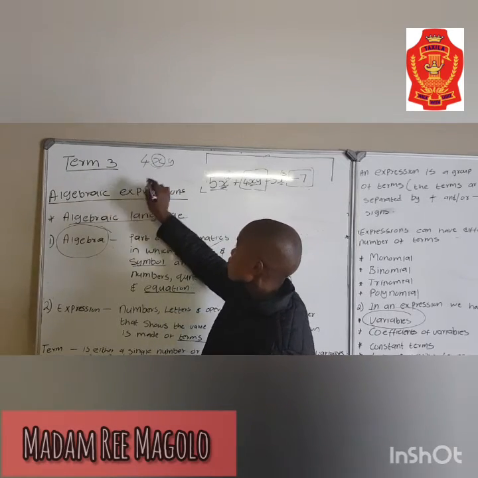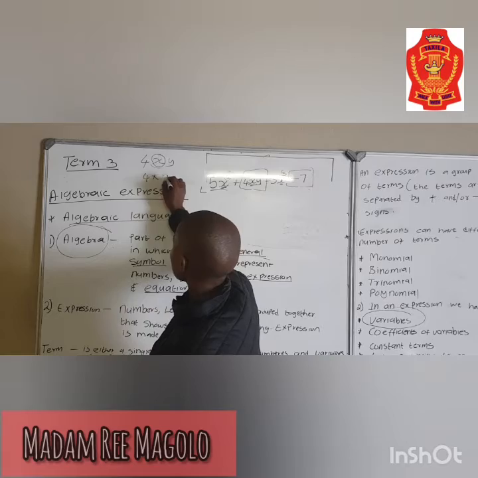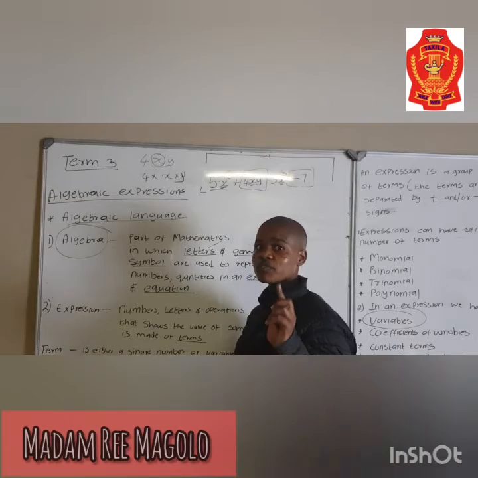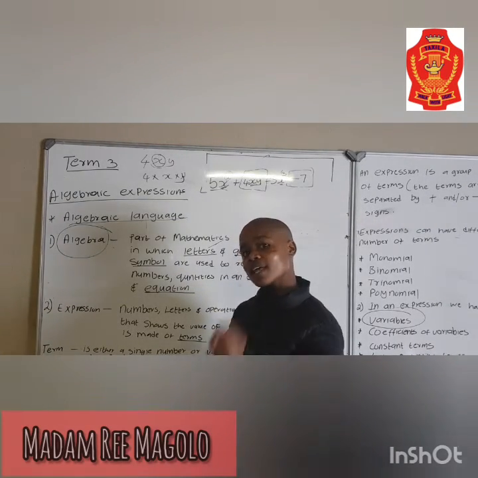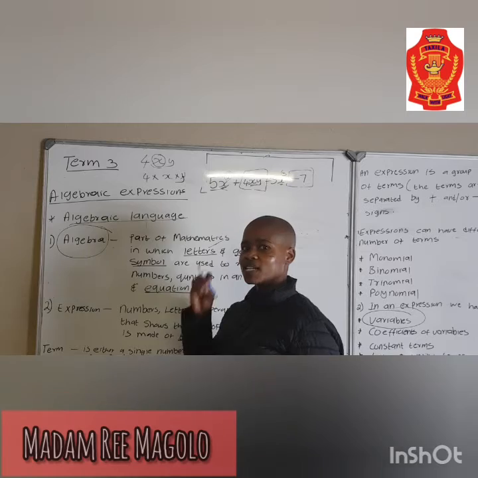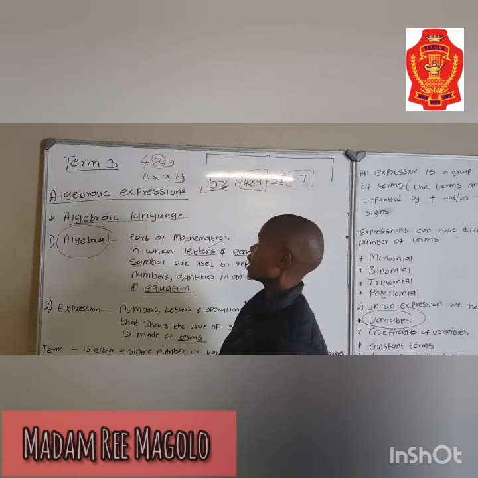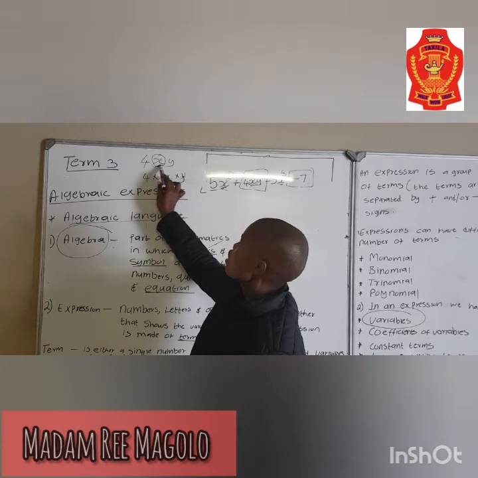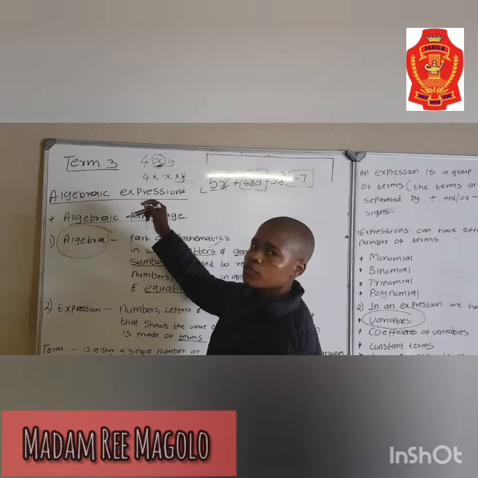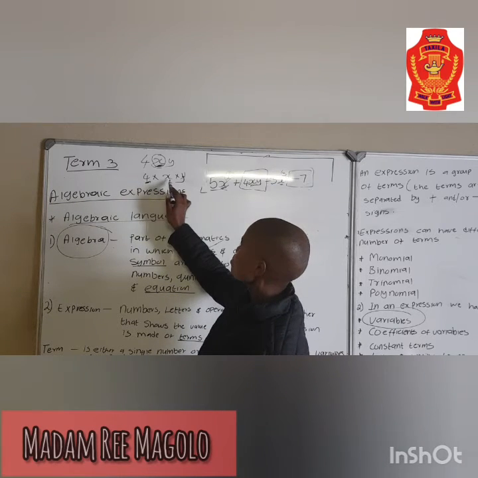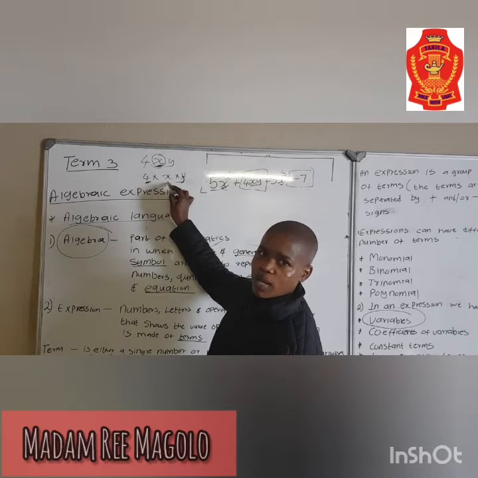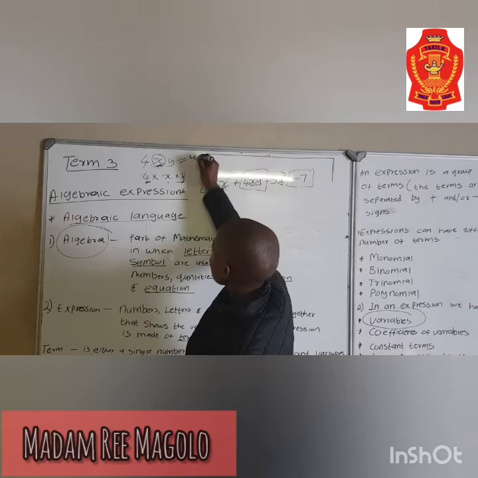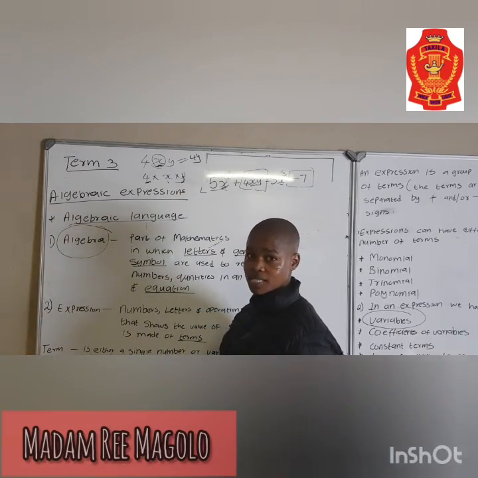I want you to know that 4xy originates from 4 multiplied by x multiplied by y. So remember that a coefficient of a variable is either a number or a variable that multiplied that particular variable. So I have got 4xy and they want to know what is the coefficient of x. I will have to know that 4 multiplied the x as well as y multiplied the x. So it means the coefficient of x, in this case, will be 4y. Does that make sense? I hope it does.